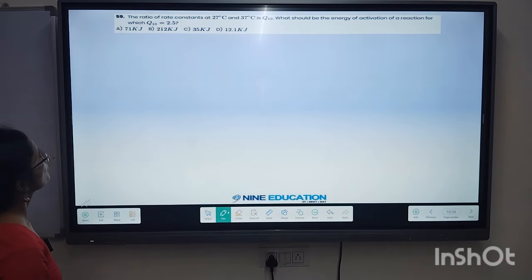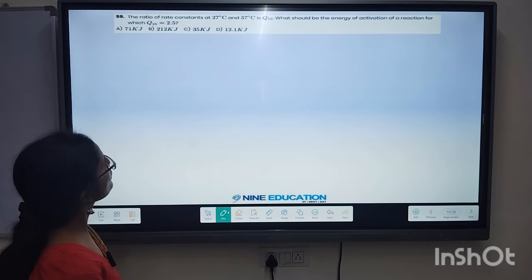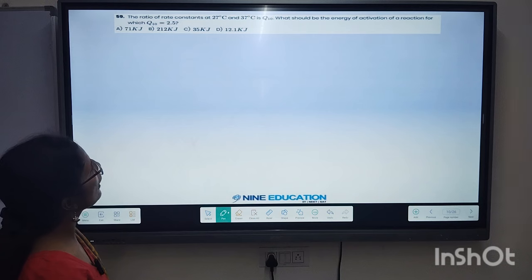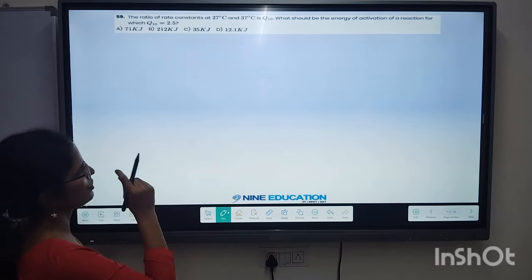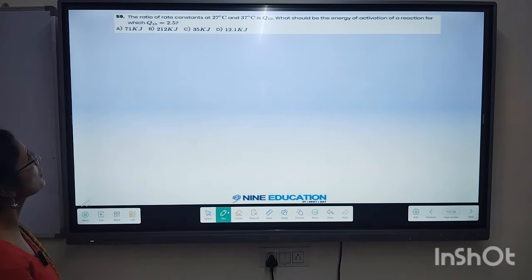Coming to next, number 59, we have the ratio of rate constants at 27 degrees Celsius and 37 degrees Celsius as Q10. What should be the energy of activation of a reaction for which Q10 is given as 2.5?